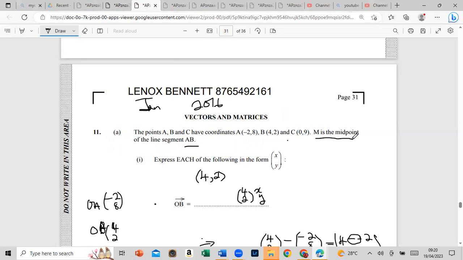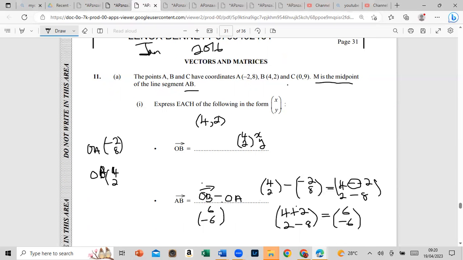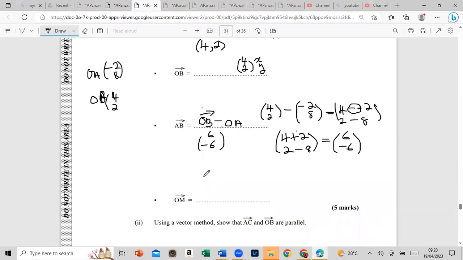So if AB is 2 and negative 6, the midpoint would be half of that, right? Half of each coordinate. So it is 2 divided by 2 and negative 6 divided by 2. And that would give us 1 and negative 3. So that's the midpoint, and that is worth 4 marks.